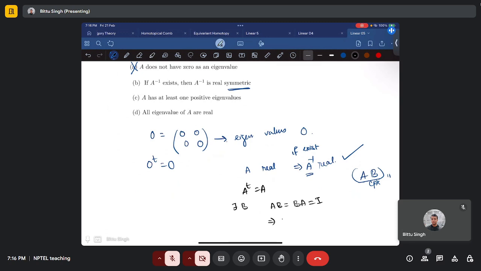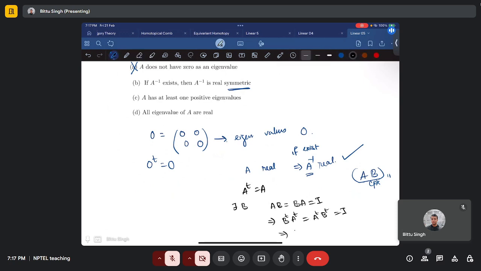Now if we apply transpose, AB transpose is the same as B transpose A transpose. Similarly, BA transpose is the same as A transpose B transpose, and I transpose is the identity.